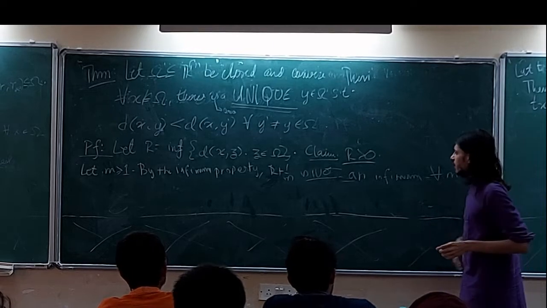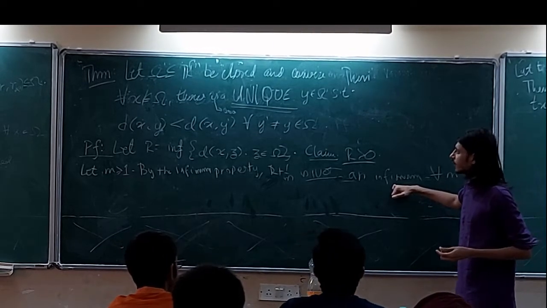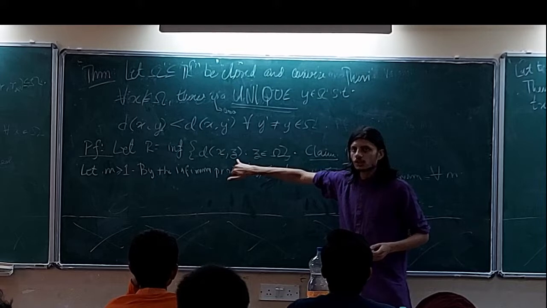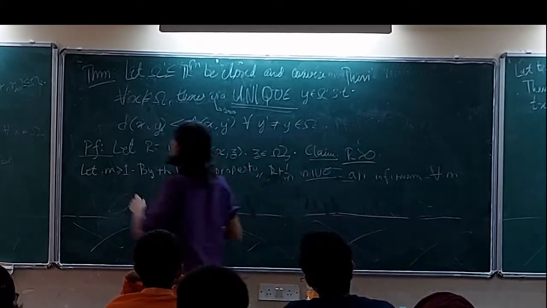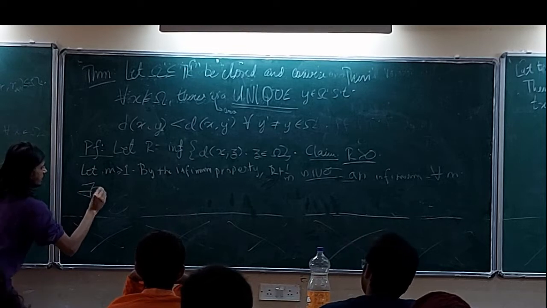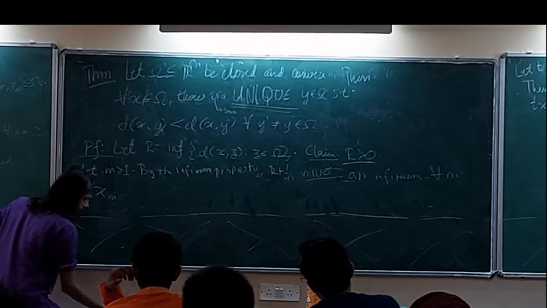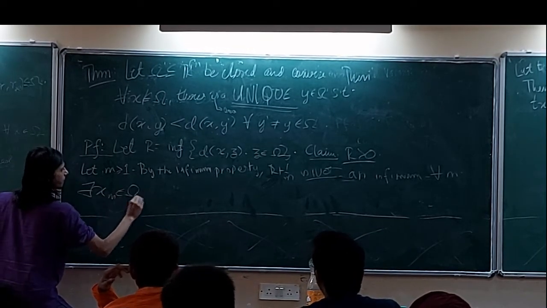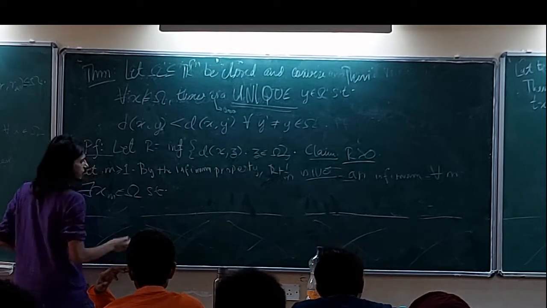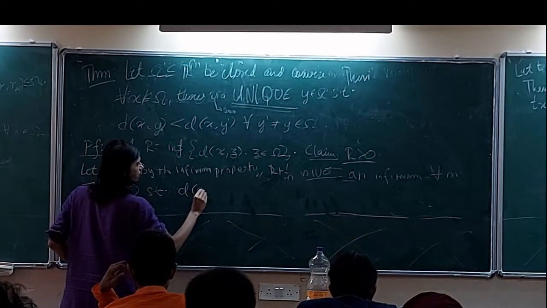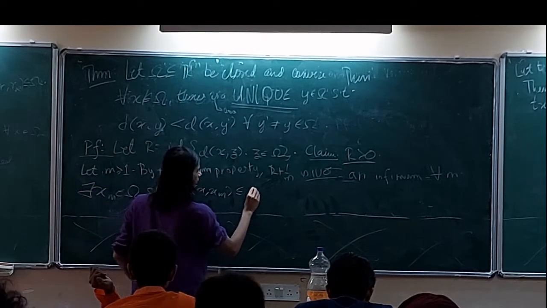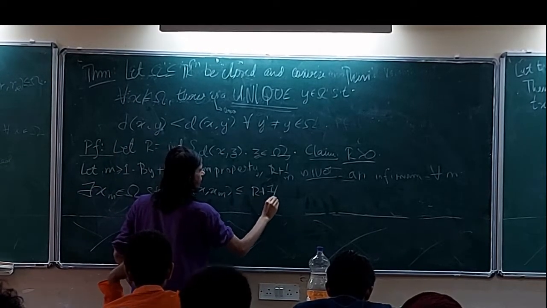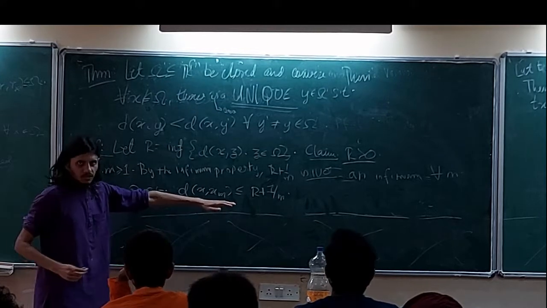What does it mean if it's not an infimum? That means there are points whose distances are smaller than r plus 1/n. So there exists x_n in omega such that d(x, x_n) is less than or equal to r plus 1/n, by the infimum property.